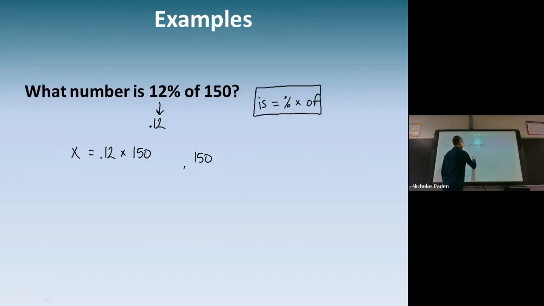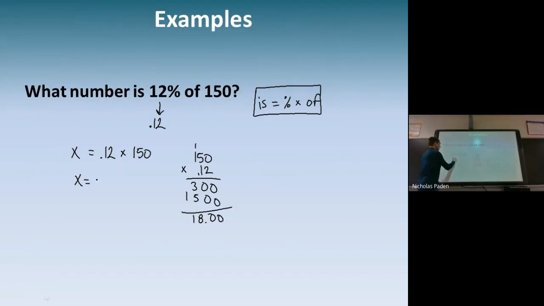So we'll go ahead and do that multiplication right here. And that's going to get us 18 when we move our decimal point 2 times. So X equals 18. 18 is 12% of 150. It's another way to put it.